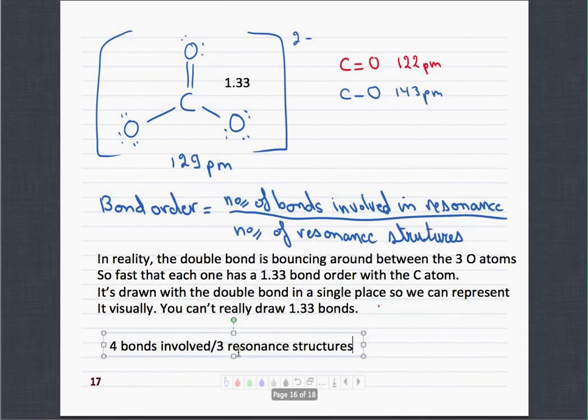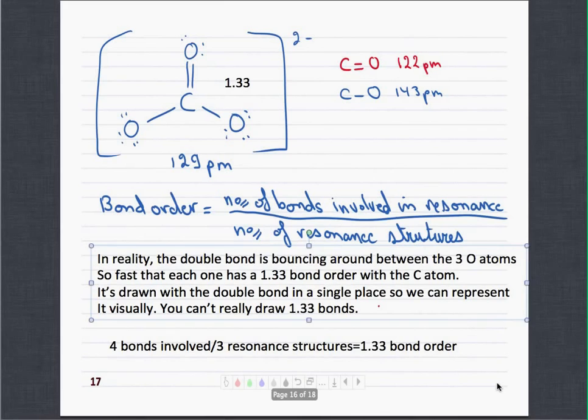And this is why the length of the bonds in a resonance structure is in between a single bond and a double bond. This is how we calculate the bond order in a resonance structure. Okay, and the bond length is going to be in between those two values. We're going to do more iClicker on that, how to calculate the bond order and how to figure all of this in a minute.